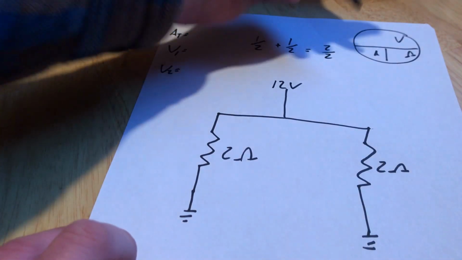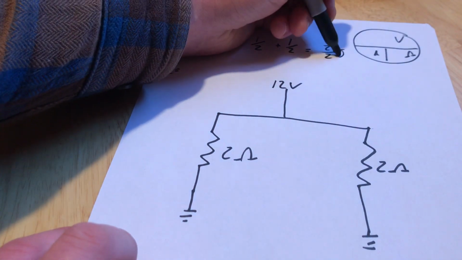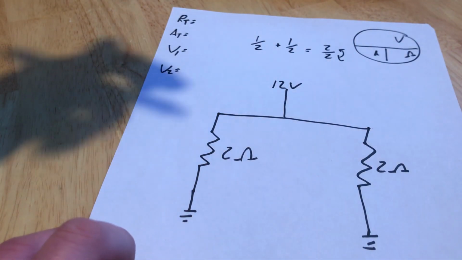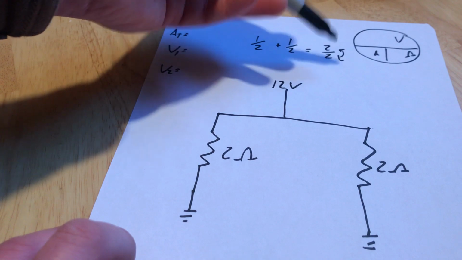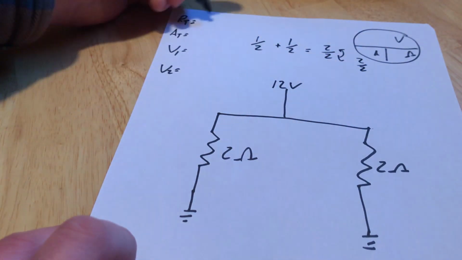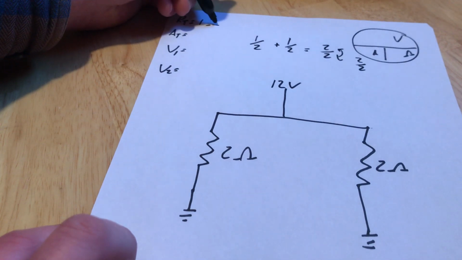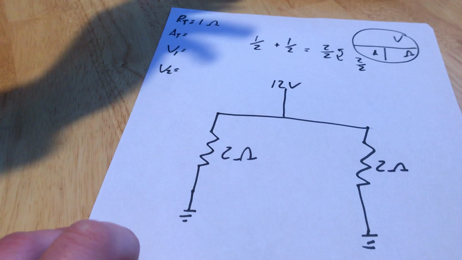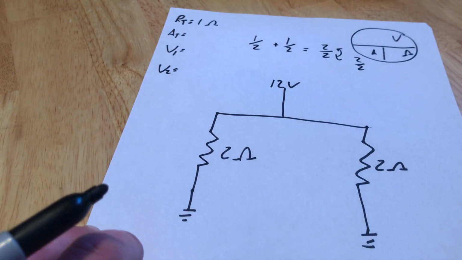To keep good habits, we have to get the reciprocal of this. That means I have to flip it over. So 2 over 2 flipped is also 2 over 2, and that reduces down to 1 ohm, which is what some of us were expecting to see. It's just good practice. Let's always do that because it always has to happen.